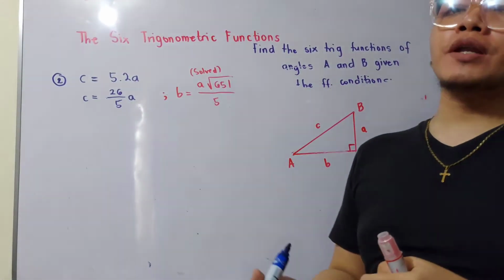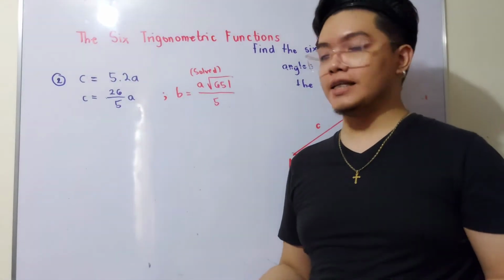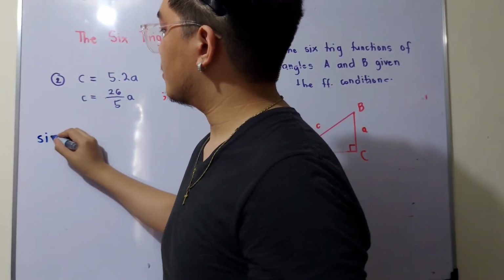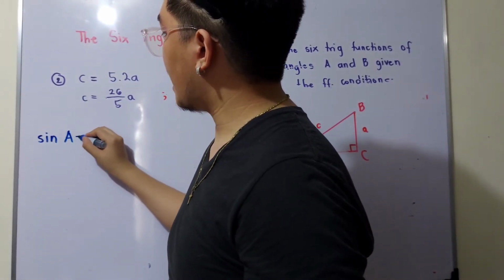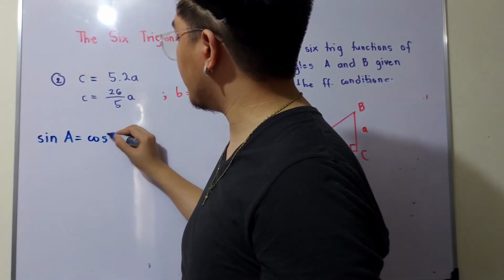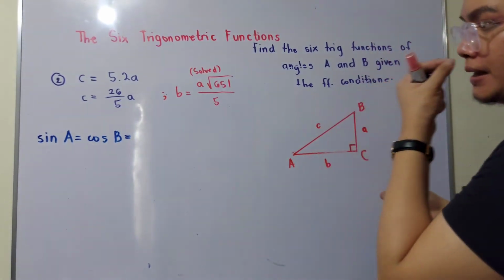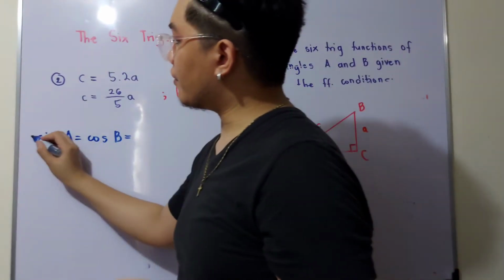So, since na-discover na natin yung co-function identities, pwedeng gawin ganito. So, sine A is equal to cosine B. Tapos, lalagay na natin yung value.